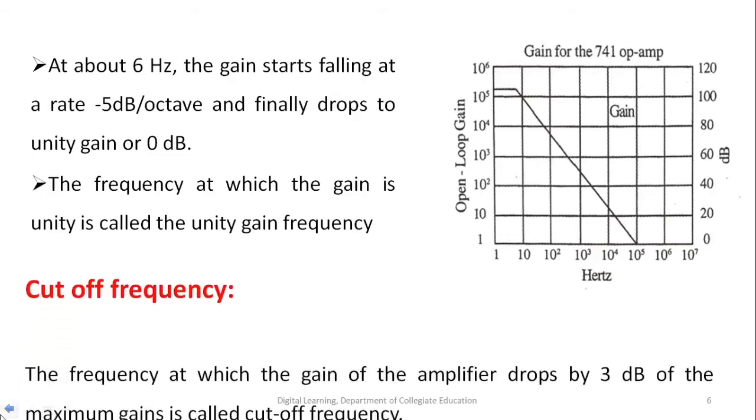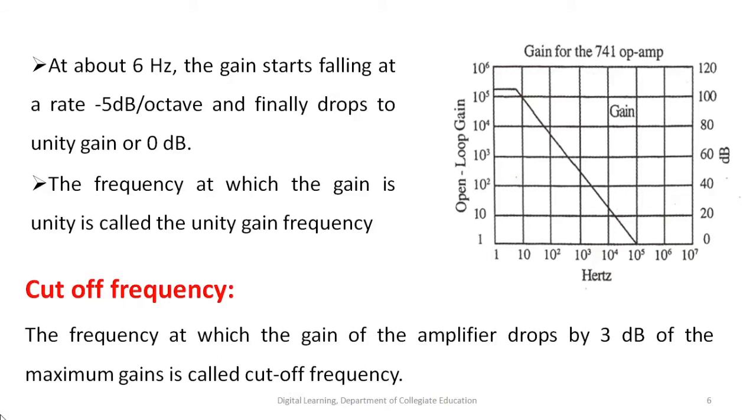Next, cutoff frequency. The frequency at which gain of the amplifier drops by 3 decibels from the maximum gain, that is called as cutoff frequency. The frequency at which the gain drops by 3 decibels from the maximum value is called the cutoff frequency. We take 3 decibels because 3 decibels corresponds to a value of 1 over root 2.